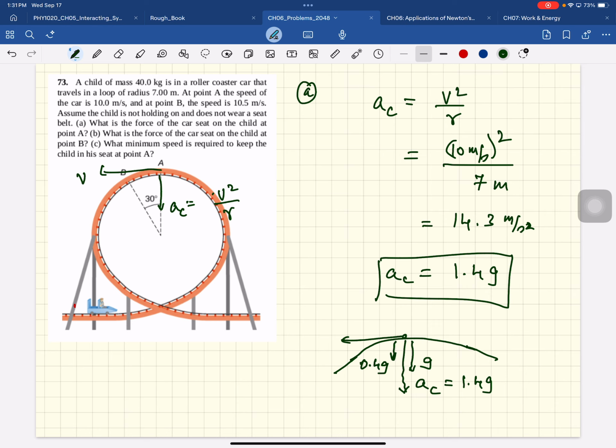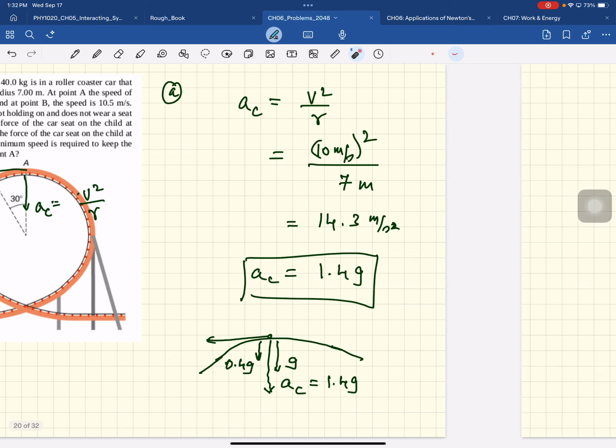So that was that. Now let's do part C. What minimum speed is required to keep the child in his seat at point A? The minimum speed should be such that the centripetal force is equal to g, because if it's less than that, then the child will come off the track, like we said.